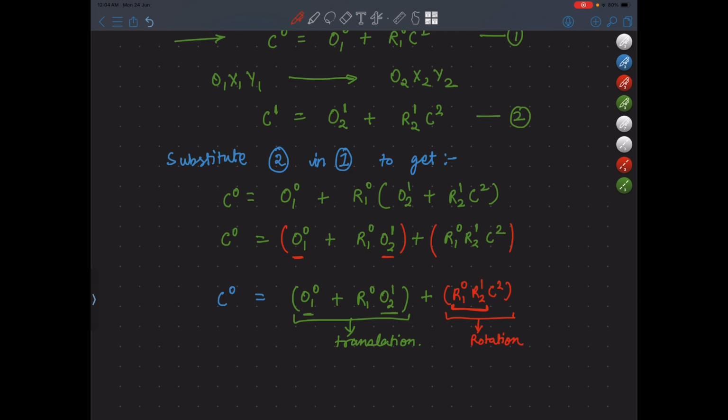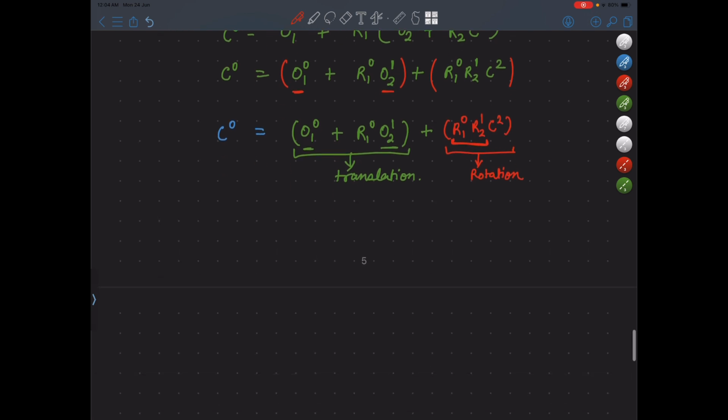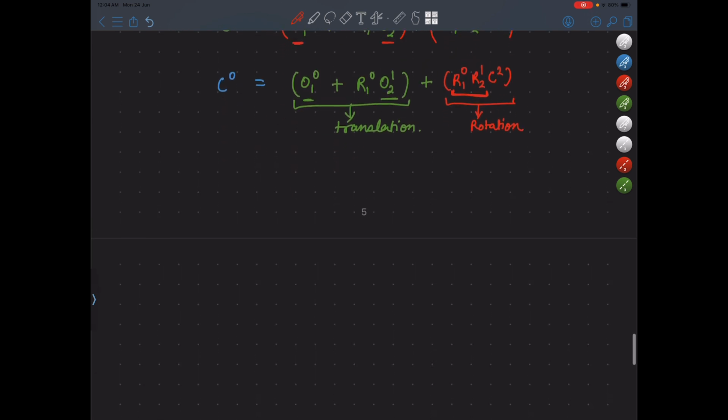Now let's say these were only two transformations. Let's say we have n transformations.